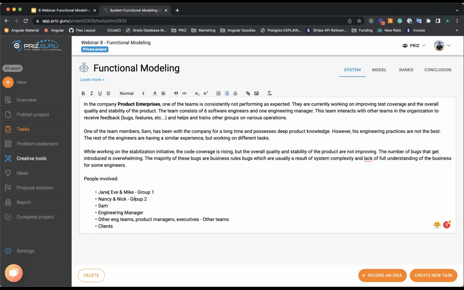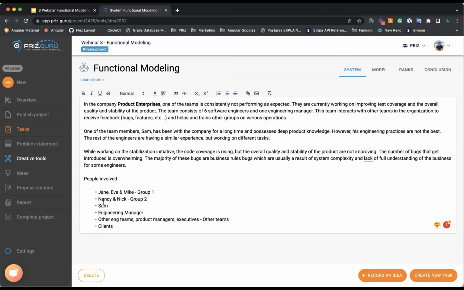So Jane, Eve, and Mike, they're fairly experienced, also from a business knowledge perspective, as well as engineering. Nancy and Nick in here, they're fairly new to the company. They're still pretty good engineers, but they're new to the company. They don't really know the business case too well.